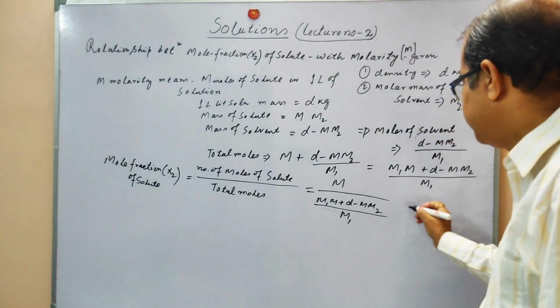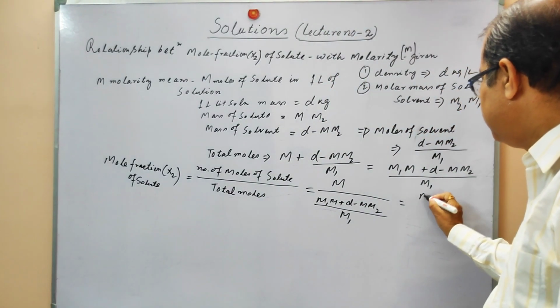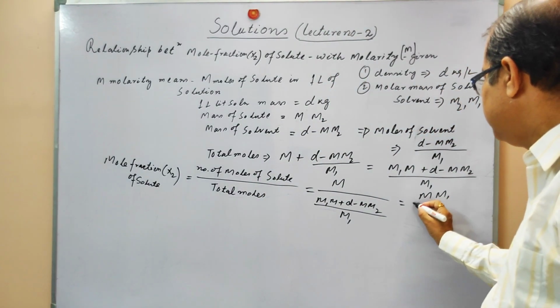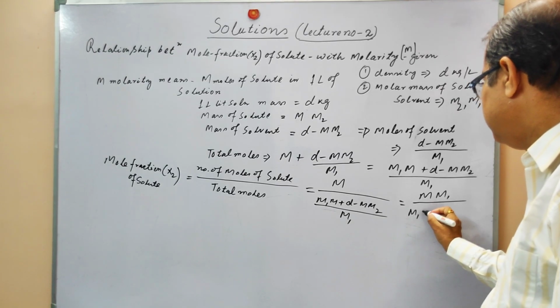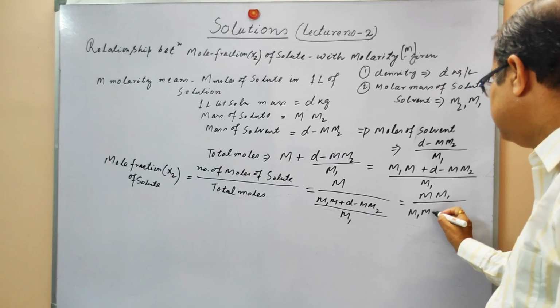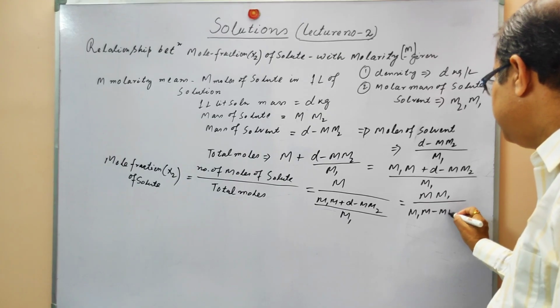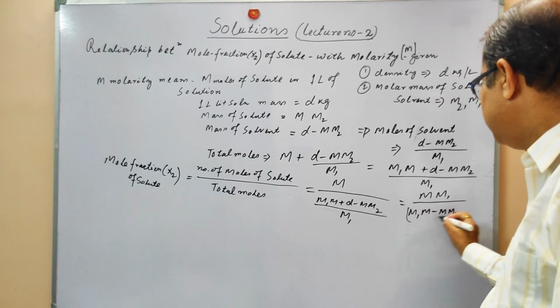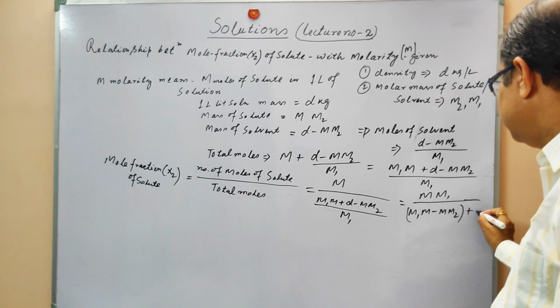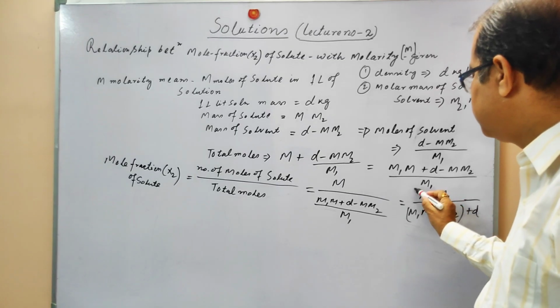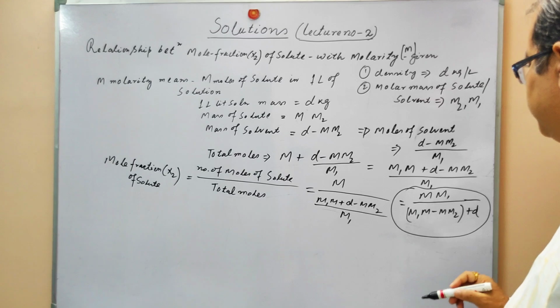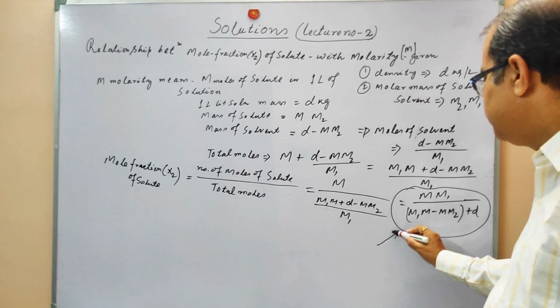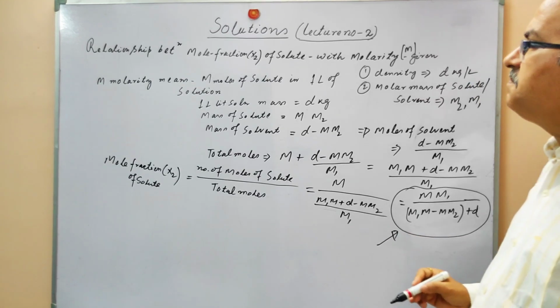So we get this expression, M into M. We are just rearranging it, plus D. This will be the expression. X2 will be this. This is the final result. Okay.